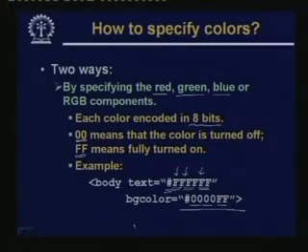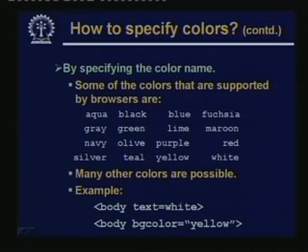In this way we can specify any kind of color if you know which combination will result in which color. But there is an easier alternative. Of course, there are some limitations to this, you cannot arbitrarily specify any color. There is a list of color names, and you can specify the color by the name.